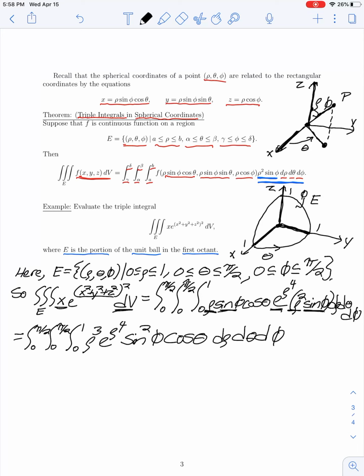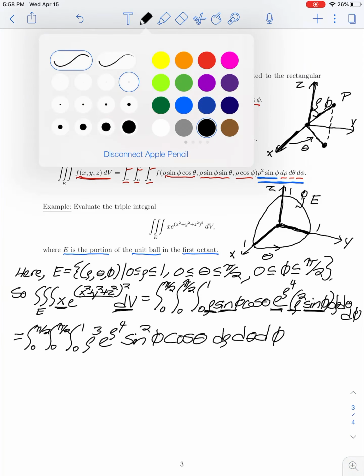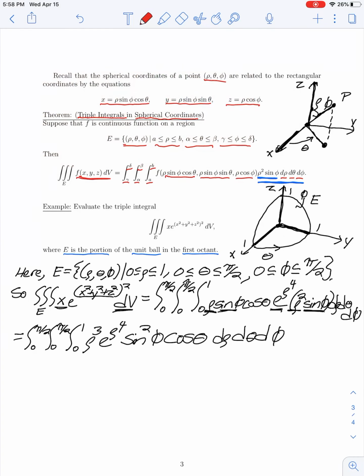So we could start by integrating our innermost function with respect to rho, working our way outwards. Or we can make use of our little shortcut technique here by thinking about maybe pulling our interior integrals out in front of the outer ones. So what I mean by that is our inner integral here is with respect to rho.